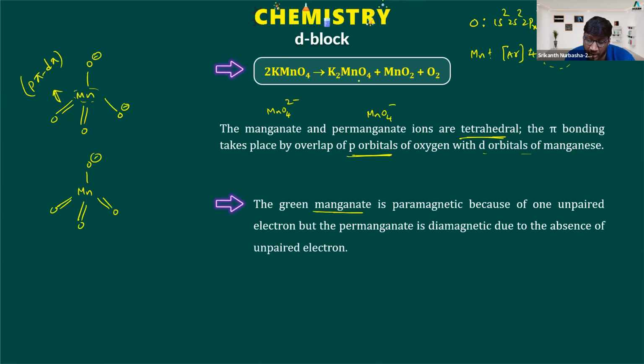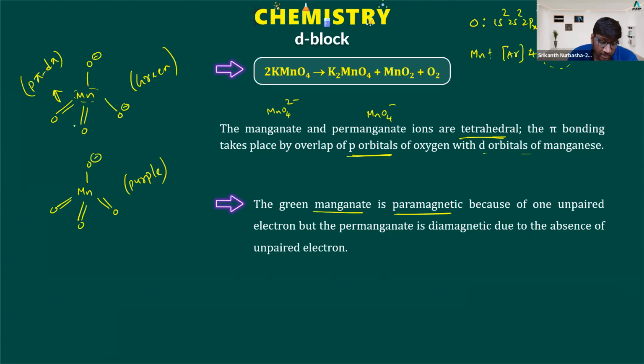What is the color of permanganate, MnO4 minus? Purple. Very good. Permanganate is purple in color, and both are colored because of charge transfer phenomena only. The green manganate is paramagnetic because of one unpaired electron.